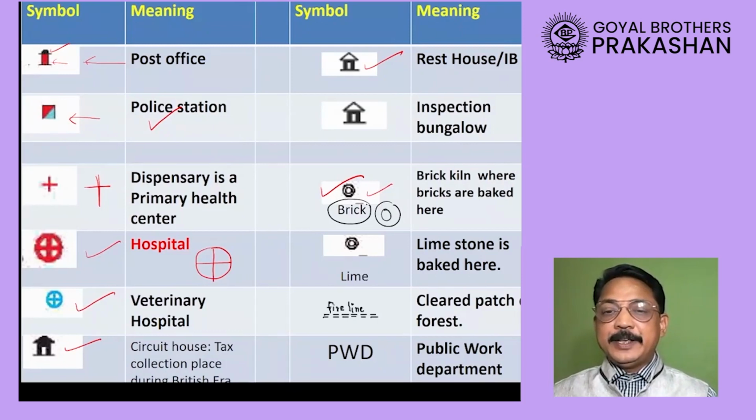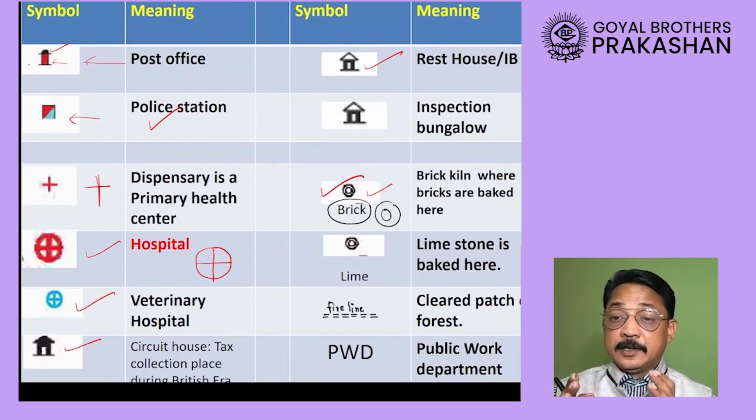So this is a place where bricks are made and baked. Baked means here the bricks are going to be made hard. Such a place is called a brick kiln, KILN, brick kiln.